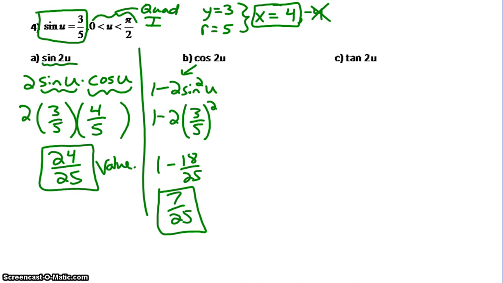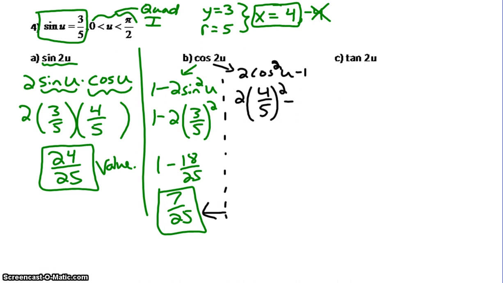Now, I'm going to just grab one of the other identities, doesn't matter which, so let's try the 2 cosine squared u minus 1 identity. And in this identity, again, I should get my 7 over 25. Let's work this out. I have a 2 times, in this case it was a 4/5, and we'll square it, subtracting 1.